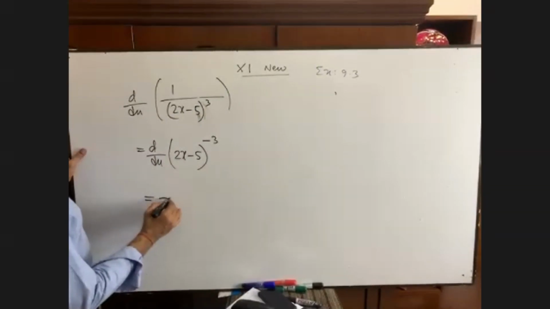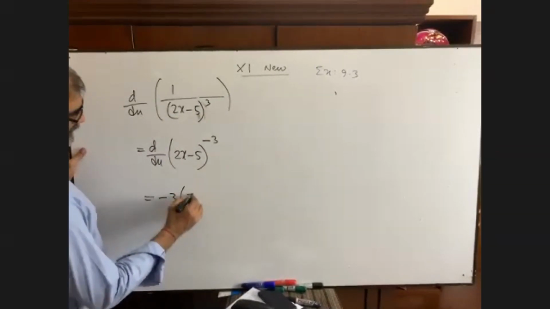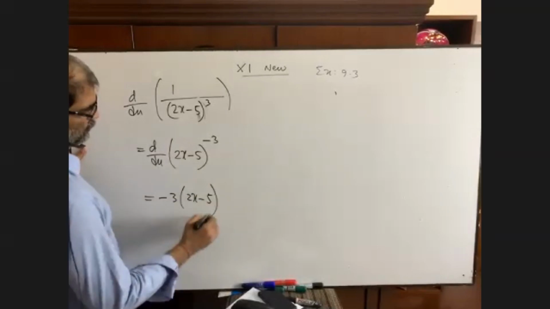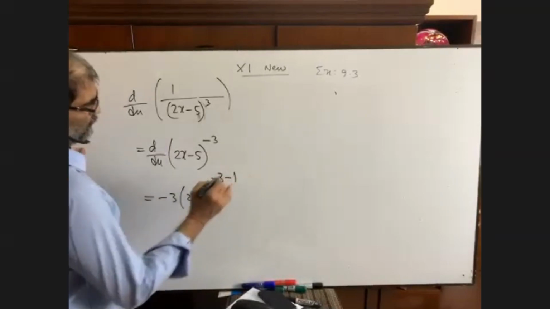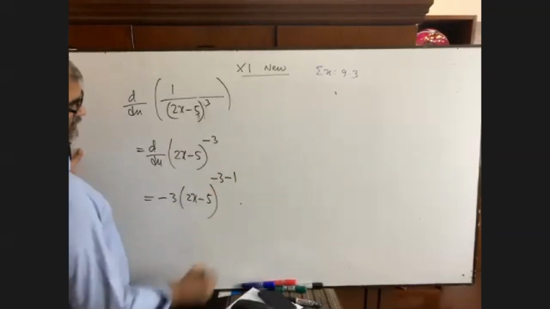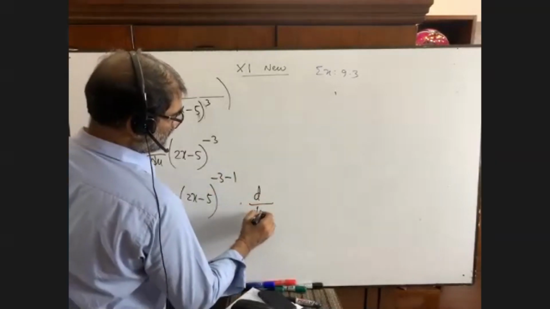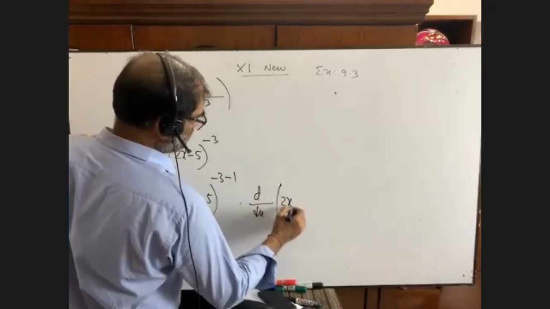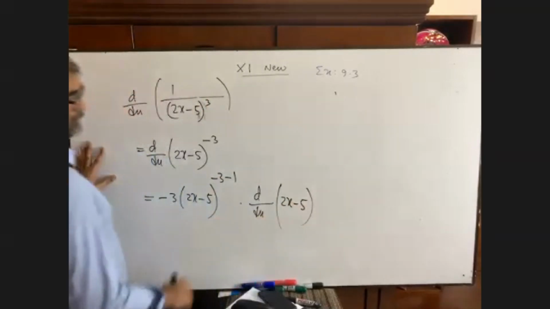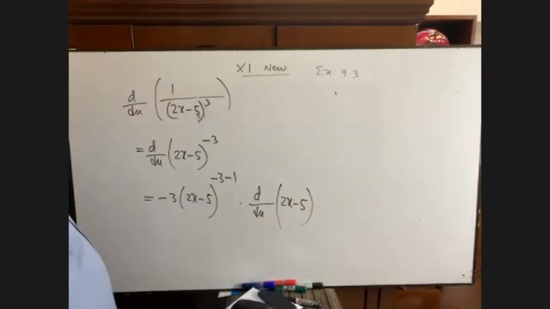Then do as usual: minus 3 (2x minus 5) whole to the power minus 3 minus 1. What is x? We have considered 2x minus 5, so it will be differentiated again.